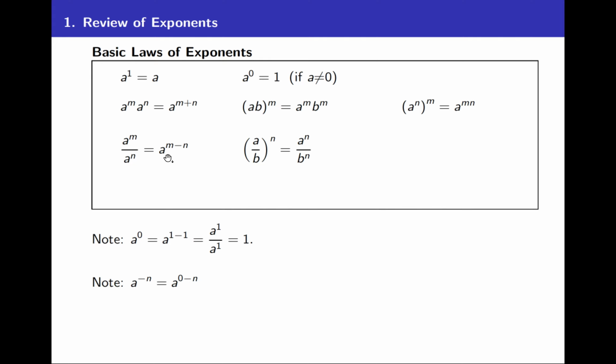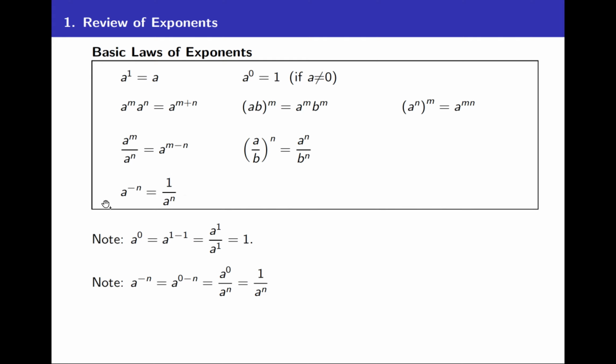And if we are to believe this property, a to the power of 0 minus n would be a to the power of 0 divided by a to the power of n. And a to the power of 0 we know is 1. So a to the power of negative n equals 1 over a to the power of n. That's a basic property. And we'll put this in our box up here.